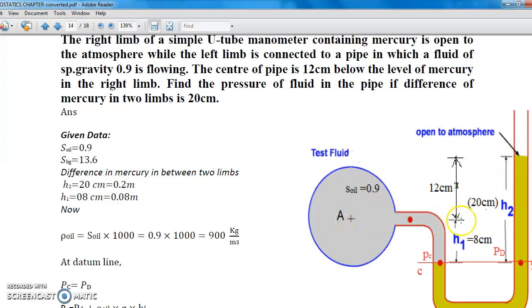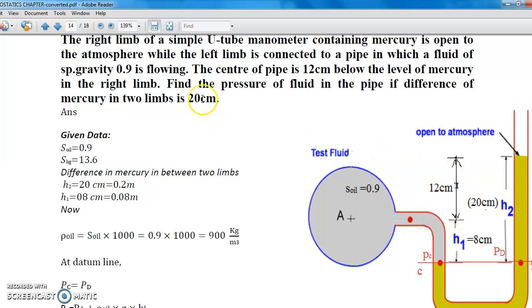What is the distance between them? The level of the mercury in the right limb and the center of the pipe, that is 12 centimeter below. Here you see this is the 12 centimeter.